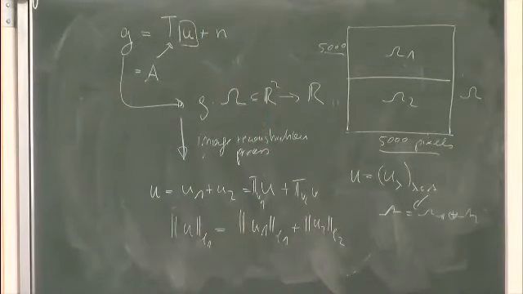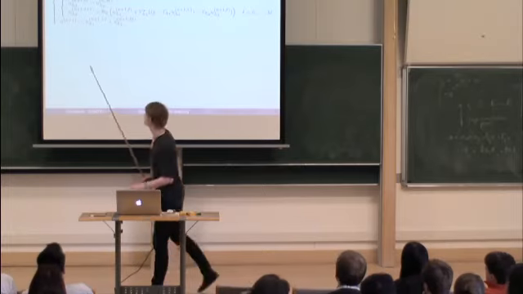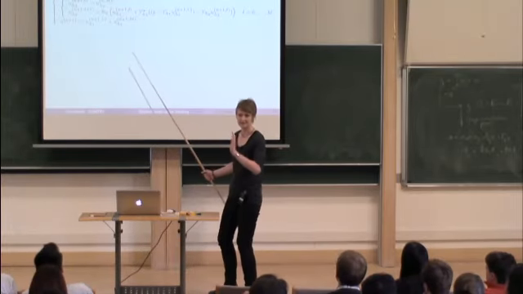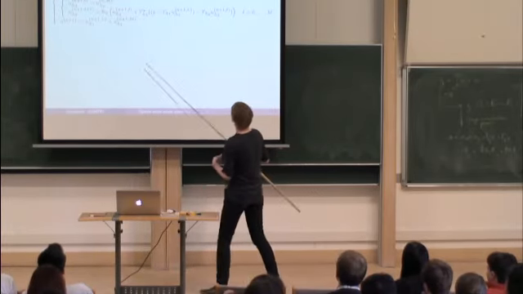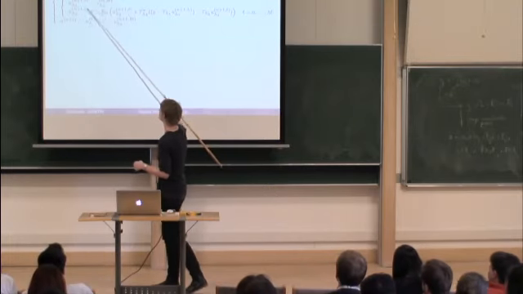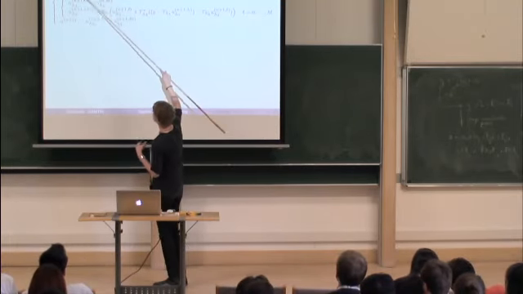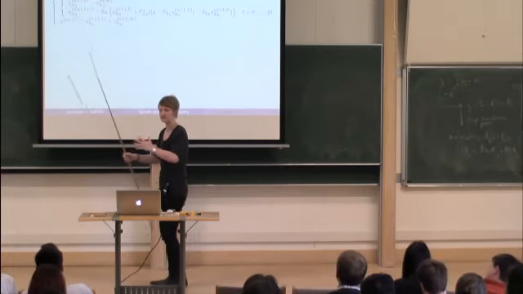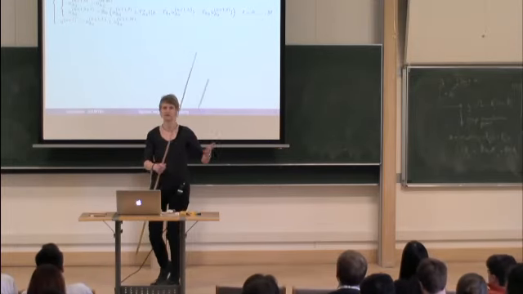But in this situation, we are well off, because I have this additivity property, so for each subminimization problem I can apply the same strategy that I apply to the whole problem.